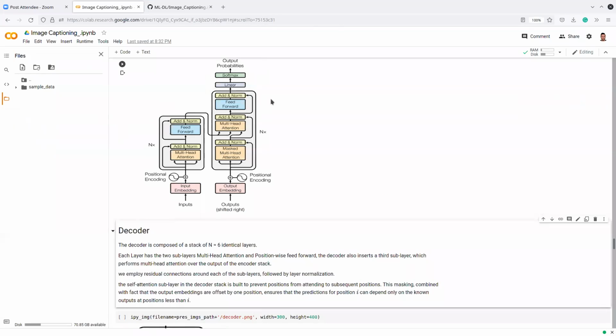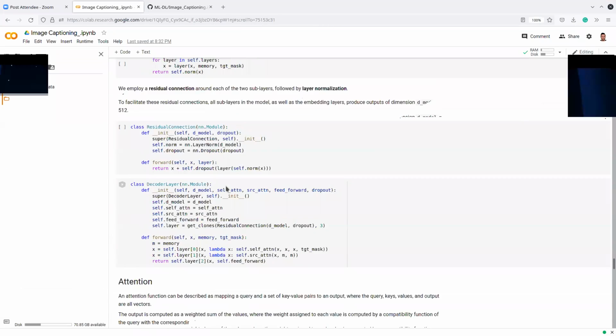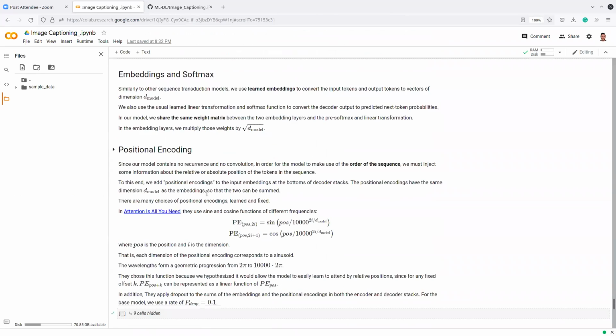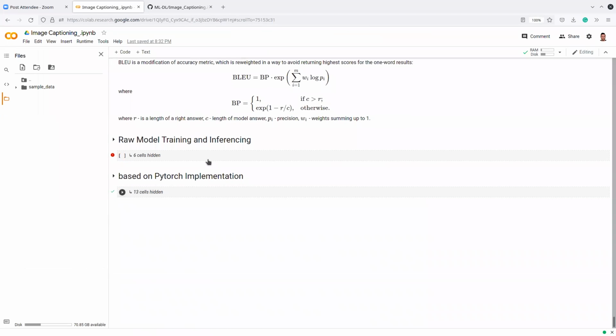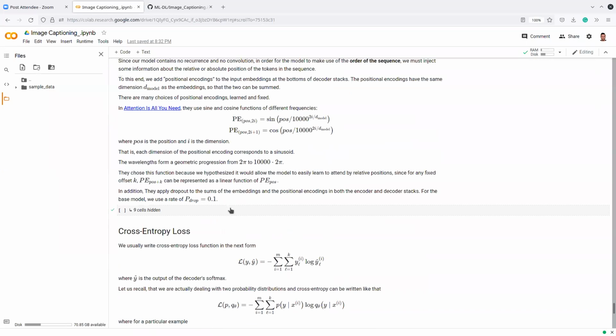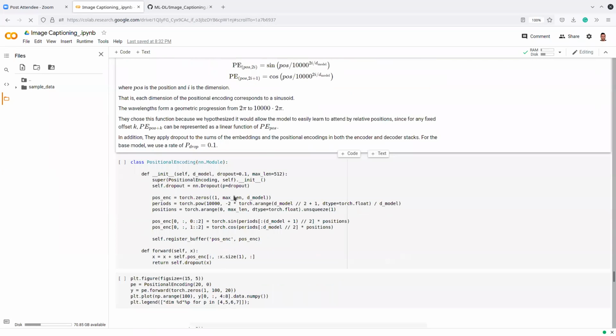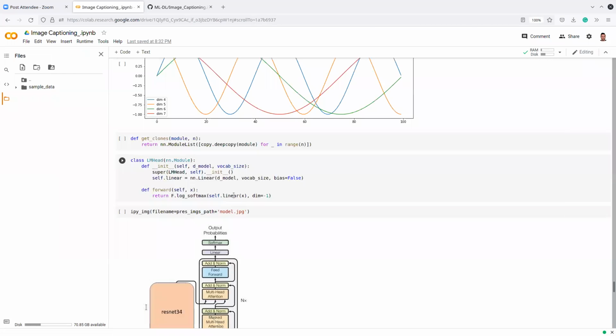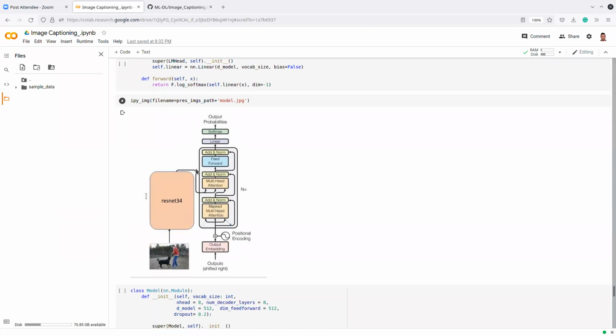Before going into the details of the transformer, let me show you the final model, so we can understand well what we are dealing with. This is the final model. We have an image, and we have the ResNet 34. The ResNet 34 will give us the meaning of the image.